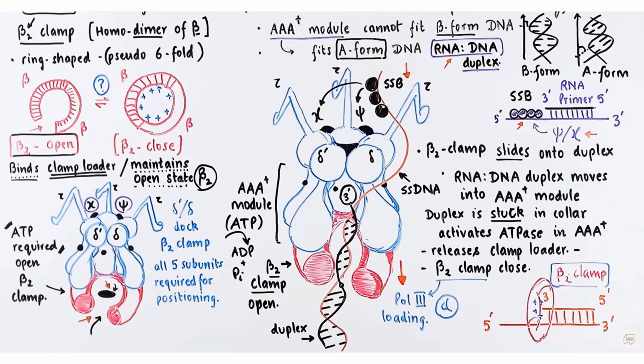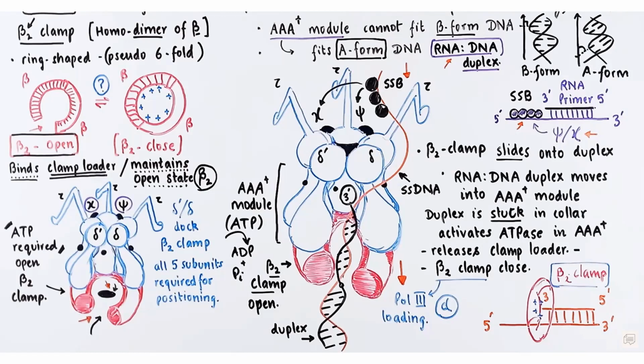Now the RNA DNA duplex is positioned at the open mouth of the clamp loader with the assistance of the phi and chi protein. The entry of the DNA occurs at this gap here, and just for clarity, the single-stranded DNA is pushed to the side, and the single-stranded DNA binding protein interacts with the phi and chi protein.